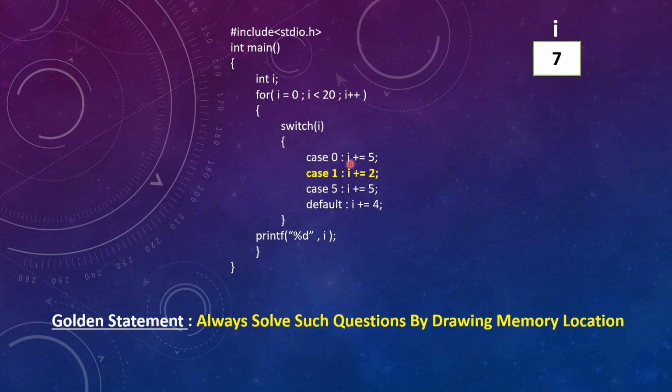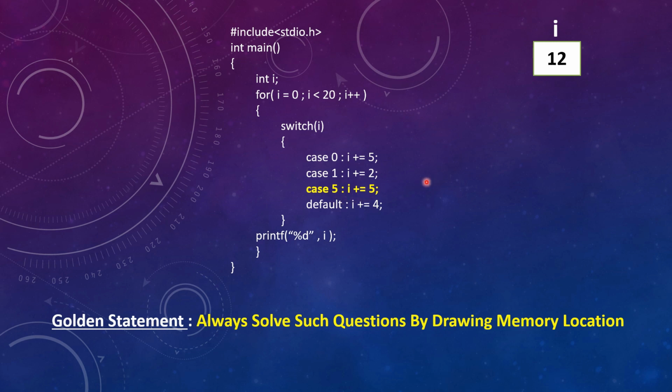So this is the condition of fall through in a switch case. What is fall through? I would suggest you start watching this series from the very first video so that you don't miss any concept. This concept is known as fall through. So case 1 will be executed and i will be incremented by 2. Now our i's value will be 7.